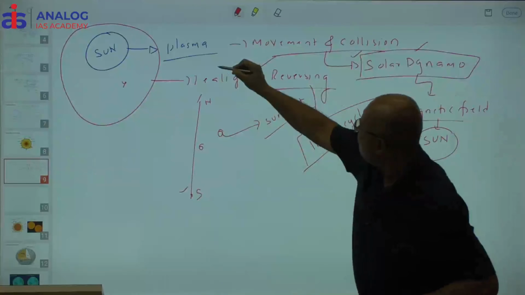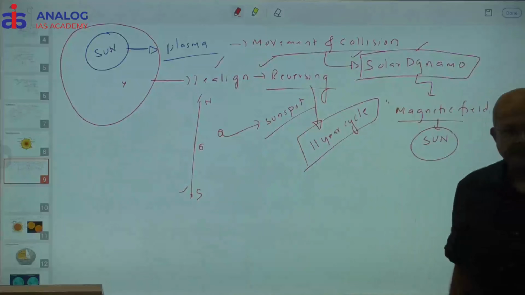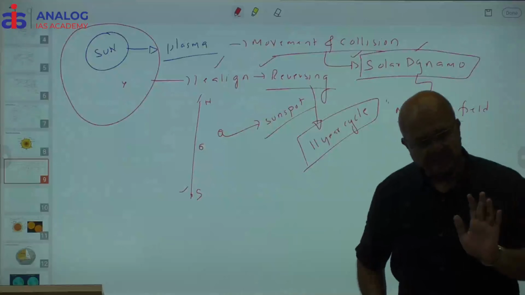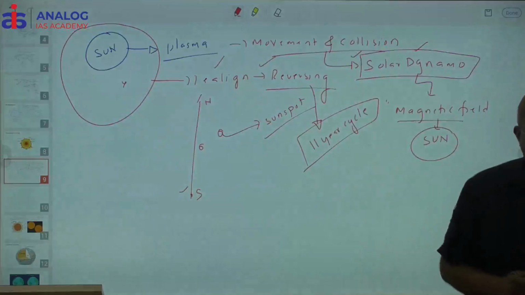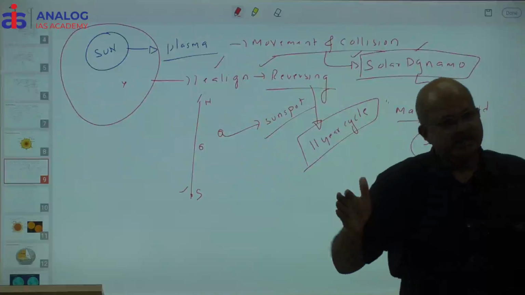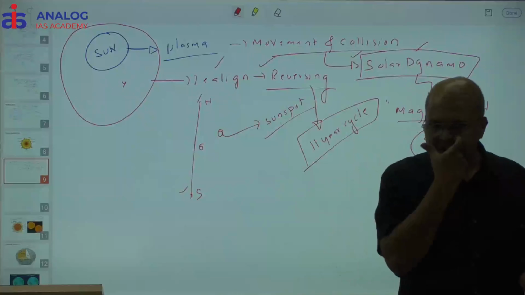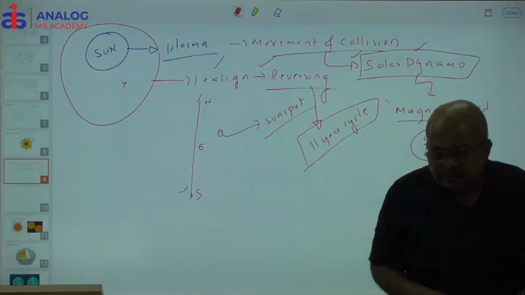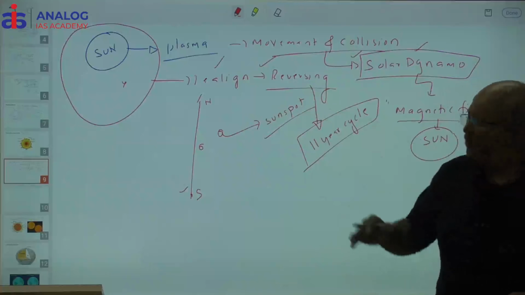It is maintaining the strength, and the alignment is an inbuilt mechanism.